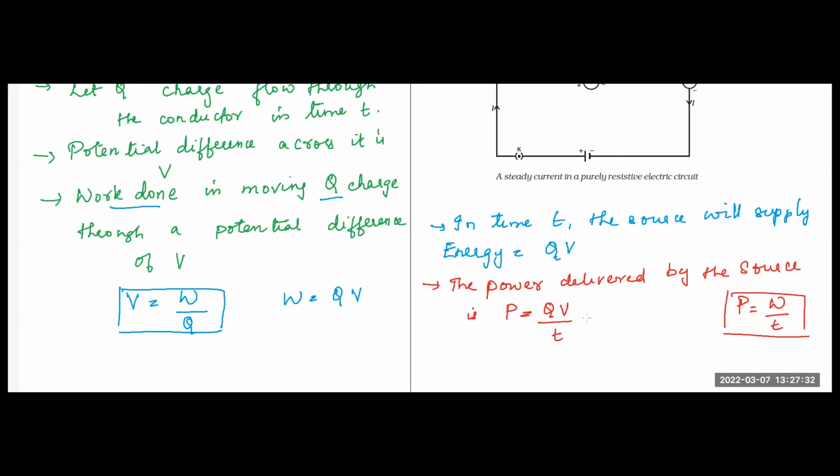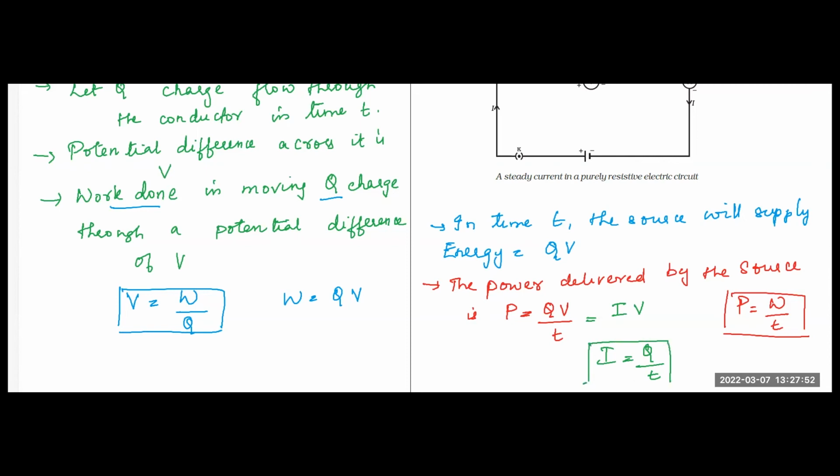So this same relation can be written as I into V, where I is equal to Q by t. We know that the current flowing through a circuit is the rate of flow of charge. That is the definition for electric current.